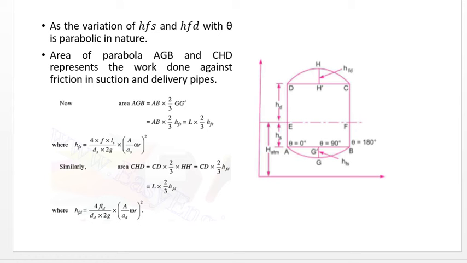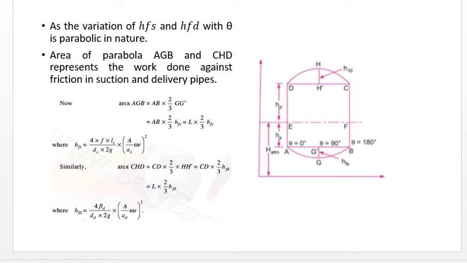If we see its suction stroke, when θ is equal to 0, the value of HFS is 0. When θ is equal to 90, the HFS value is maximum. This is shown in this indicator diagram. This GG' value is showing the friction head when θ is equal to 90 degrees.